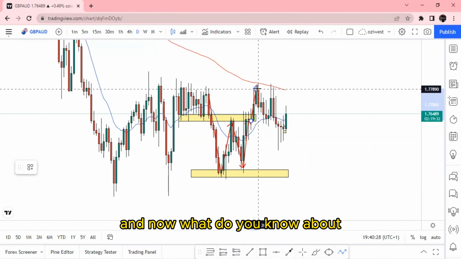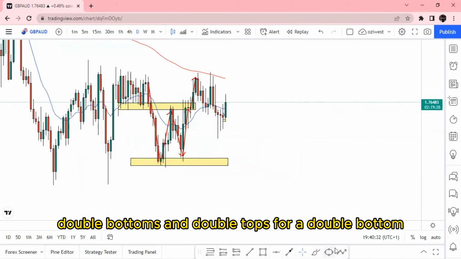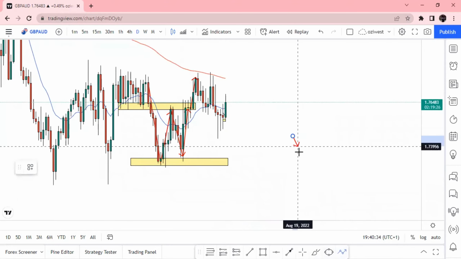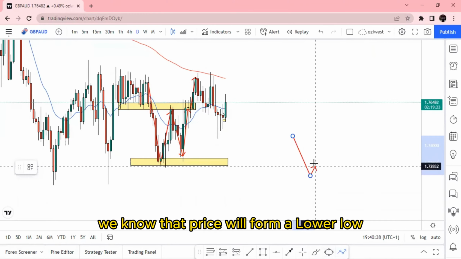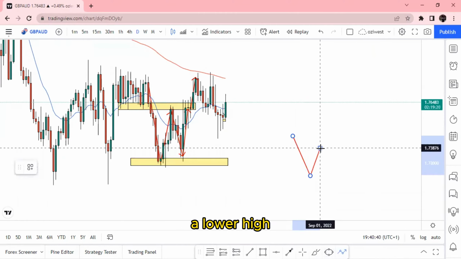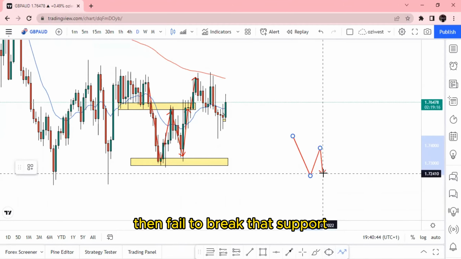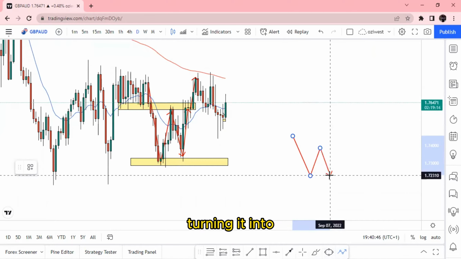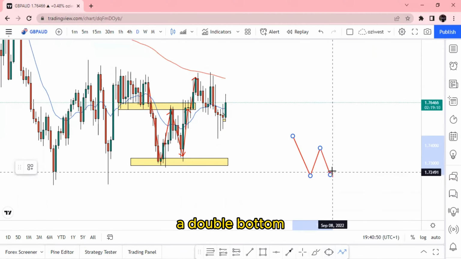And now what do we know about double bottoms and double tops? For a double bottom, we know that price will form a lower low, a lower high, then fail to break that support, turning it into a double bottom.